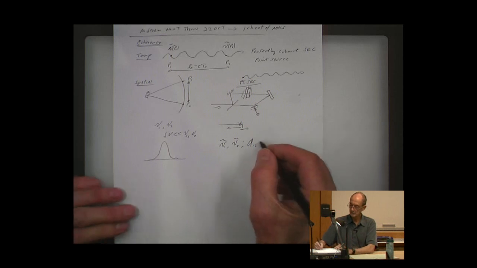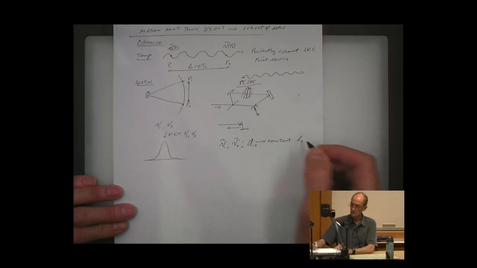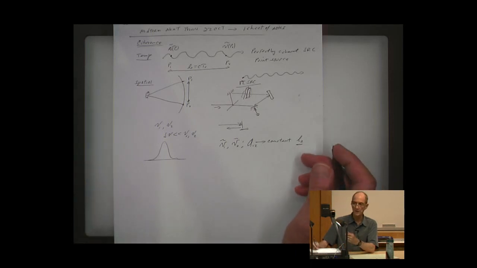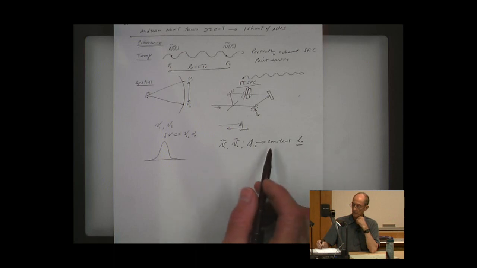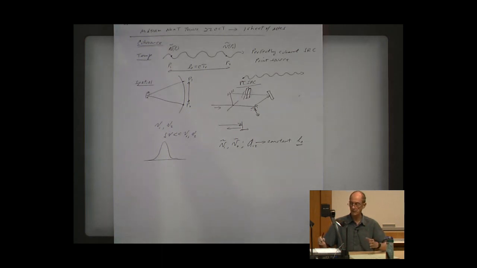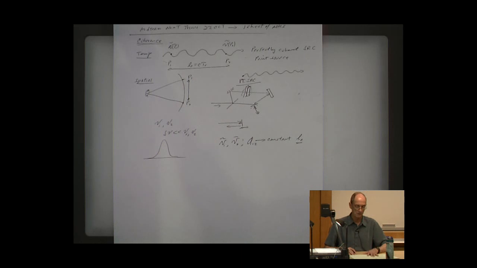When that phase is a constant for some distance LC, then we can say that we have a coherence length that is LC long. That's what we mean by coherence: we're sampling the field at two different points, either along the direction of propagation or across the direction of propagation.